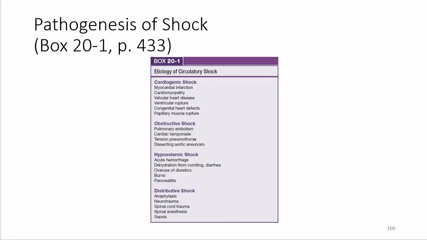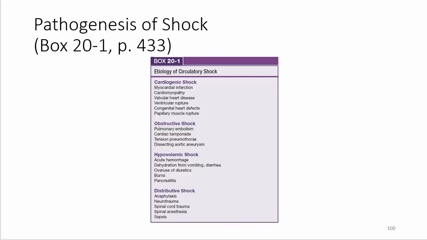Cardiogenic, meaning that it's got something to do with cardiac output and the loss of the ability to adequately provide for blood pressure. Under that can be MIs or cardiomyopathy, so that's the contractility of the myocardium. Valvular heart disease, so the inability for the blood to be delivered to the cardiovascular system.